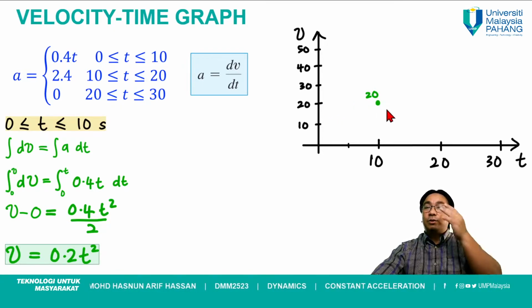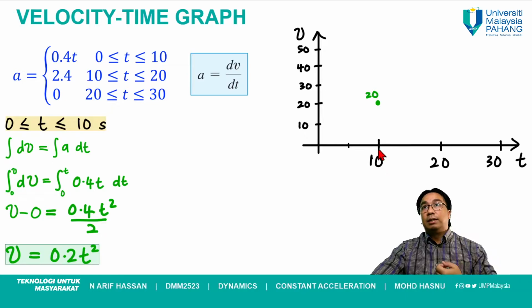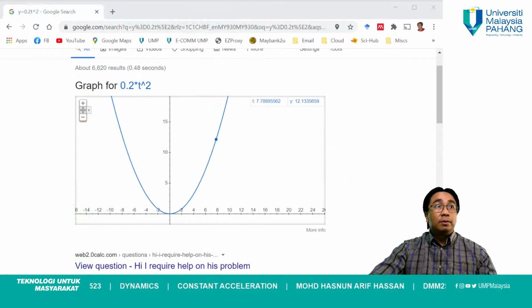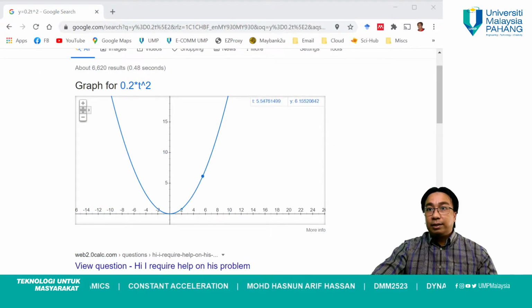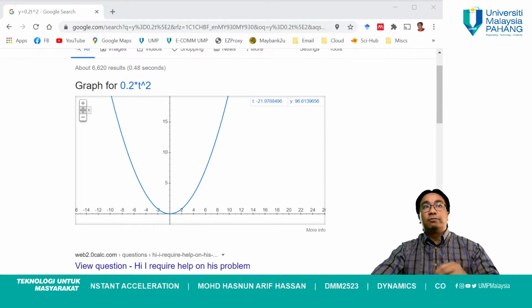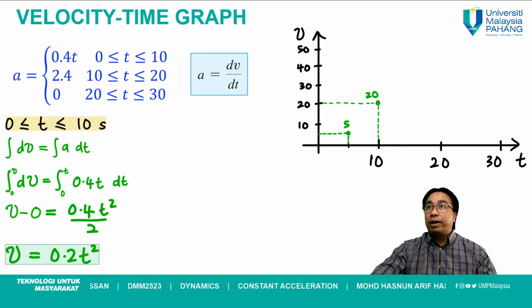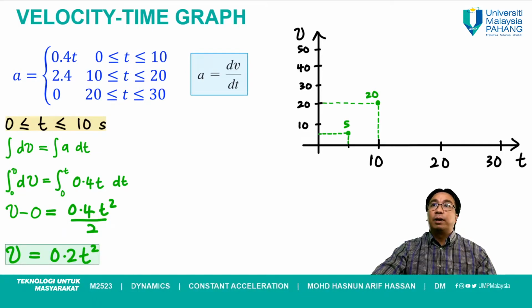And then you tahu from tadi, you tahu yang dia ialah a curve punya graph. So you can straight away draw a curve, ataupun kalau you nak make sure, you can get the value for middle point pula. Let's say 5 here. So you key in 5 in here. 5 square is 25.